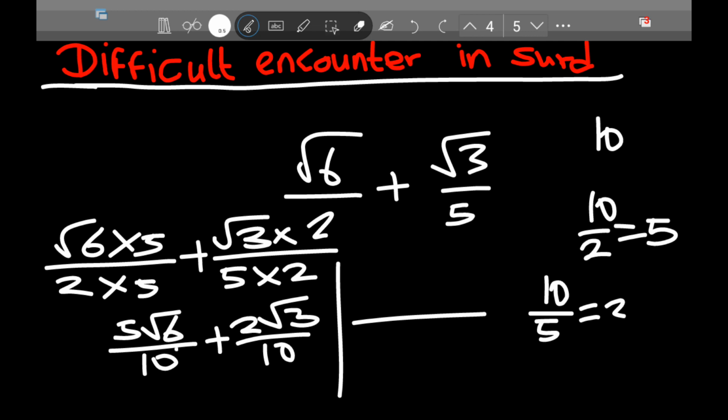Now that the denominators are the same, choose one, write it below the line, then write 5 root 6, then put the plus sign between them, then 2 root 3.